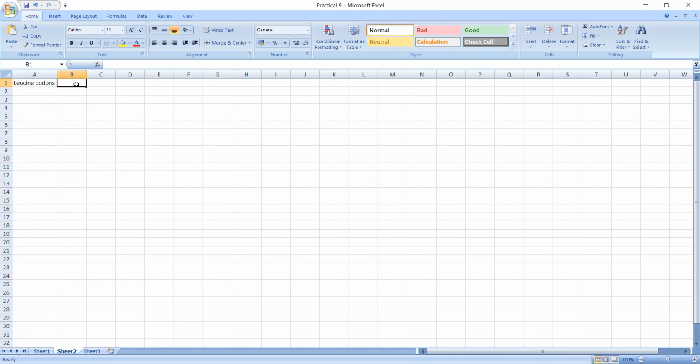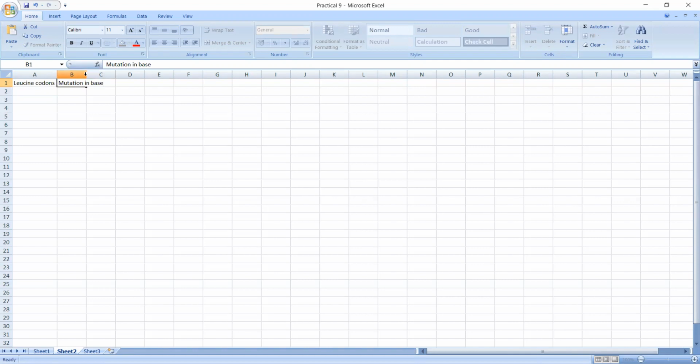Now, what is asked? Find out what happens if the bases are mutated. So if the first base is mutated, I will write here mutation in base.